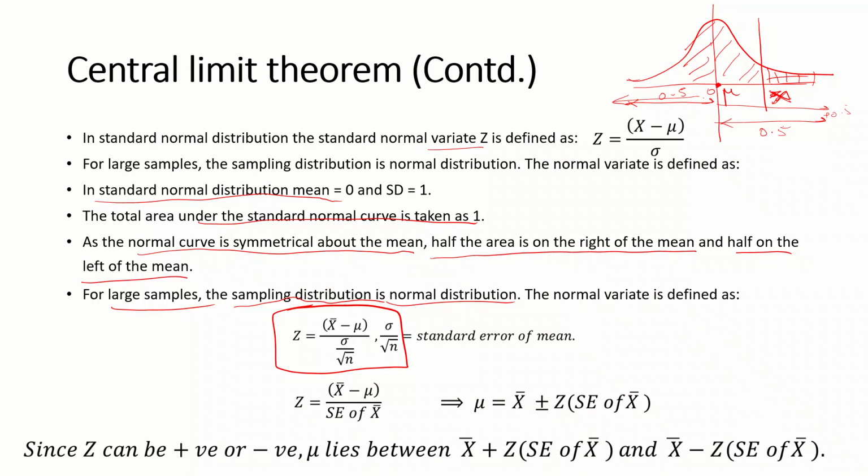So this z can be positive or negative, so it can be positive on this side also, and the mean will lie between the x, so this is the mean from the z, the z variate, plus and minus.